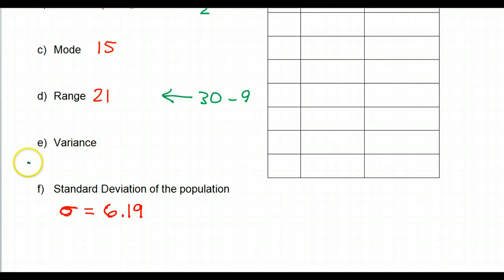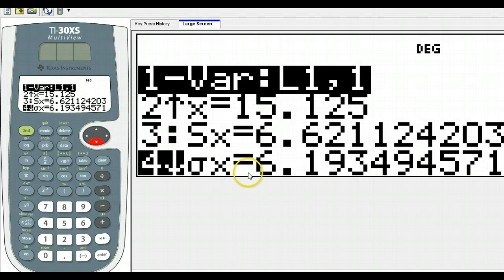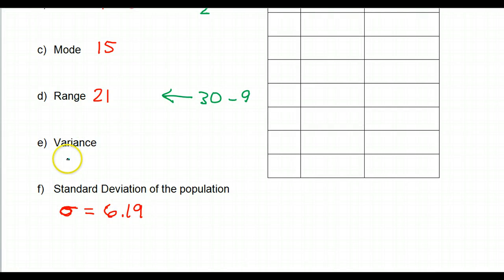Now the variance. I skipped to the standard deviation because that does show up on the calculator. The variance does not show up on the calculator. But that does not worry me, because the variance is just the standard deviation squared.